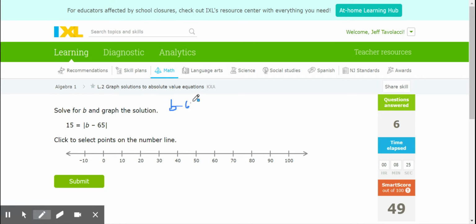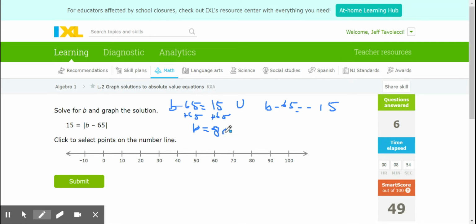B minus 65 could have been equal to positive 15, or B minus 65 could have been equal to negative 15. Okay, we would add 65 to both sides. 65 and 15 is going to be 80, so B could be equal to 80.